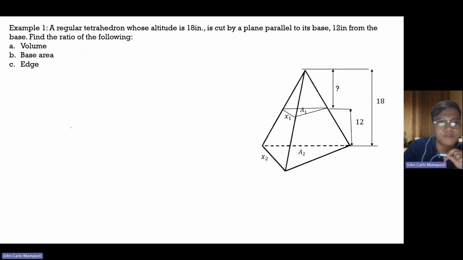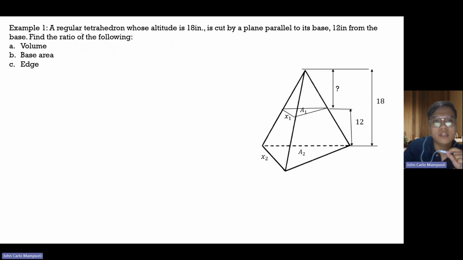You can also pause this video para kung ano man yung hindi niyo naintindihan, puwede niyo i-pause or puwede niyong balikan 'no. So, a regular tetrahedron whose altitude is 18 inches is cut by a plane parallel to its base, 12 inches from the base.